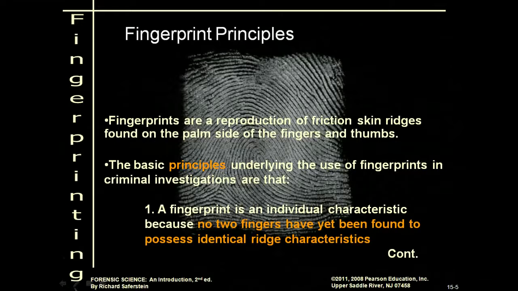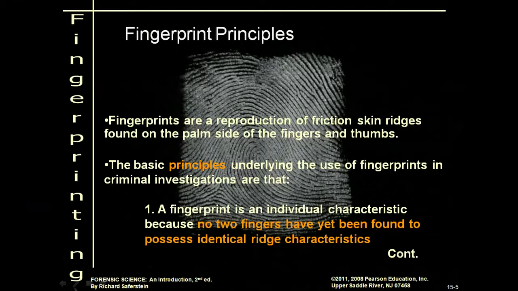Now, there's three main principles, and you need to know these principles that are the basis for fingerprints being used in criminal investigation. One, a fingerprint is an individual characteristic. Remember, not class, it's individual, because no two fingers have yet been found to possess identical ridge characteristics.